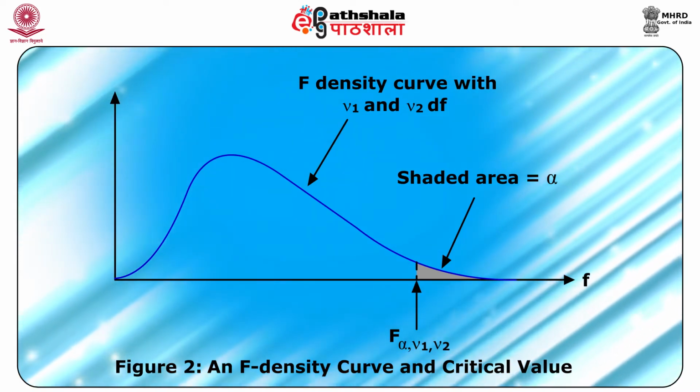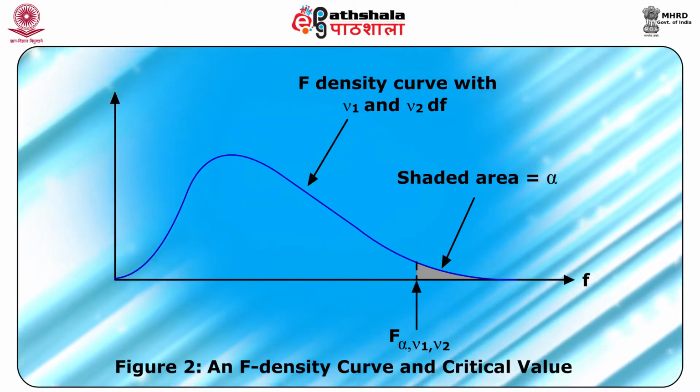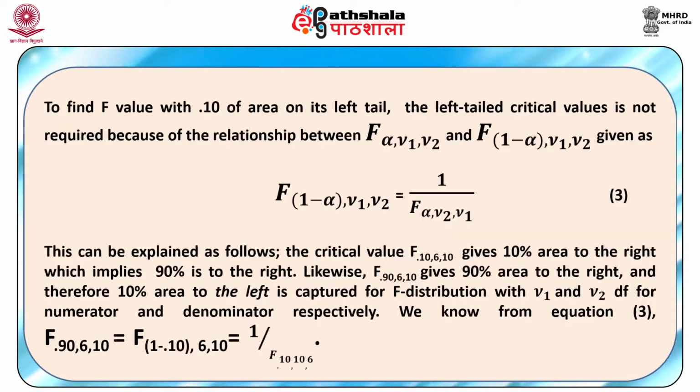So we have the F density curve with nu1, nu2 degrees of freedom. Now, the question is how to find the F value with 10% area on its left tail. Since the distribution is not symmetric in nature, does this mean that the left-tailed critical values must also be tabulated?